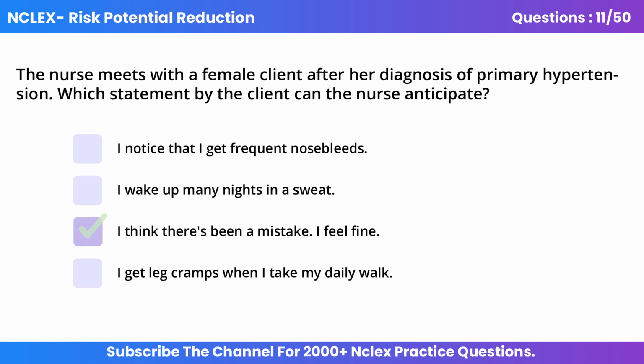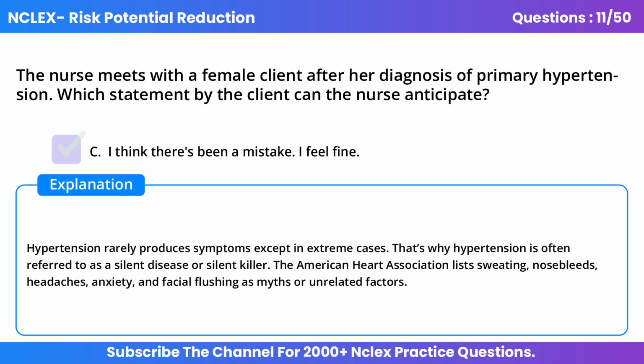I feel fine. Hypertension rarely produces symptoms except in extreme cases. That's why hypertension is often referred to as a silent disease or silent killer. The American Heart Association lists sweating, nosebleeds, headaches, anxiety, and facial flushing as myths or unrelated factors.